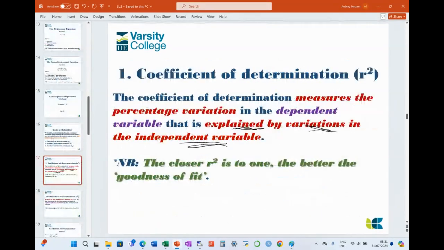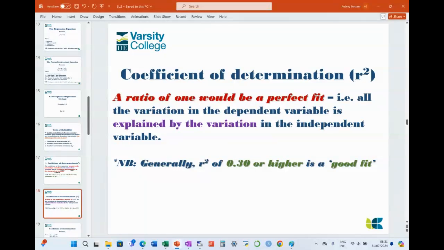So how do we gauge the goodness of fit? We say the closer this coefficient of determination is to 1, the better the goodness of fit, the more reliable this thing is. It says a ratio of 1 would be a perfect fit, or the variation in the dependent variable is explained by the variation in the independent variable.